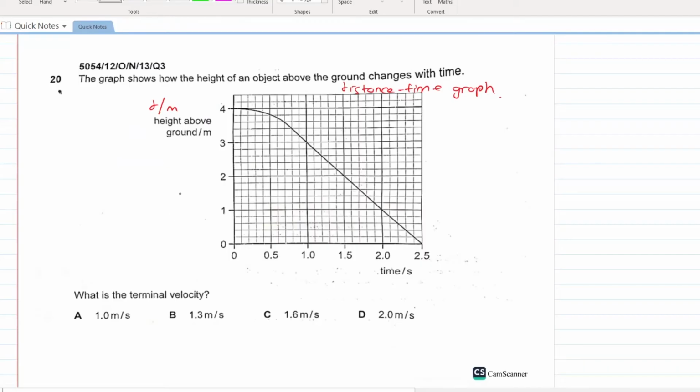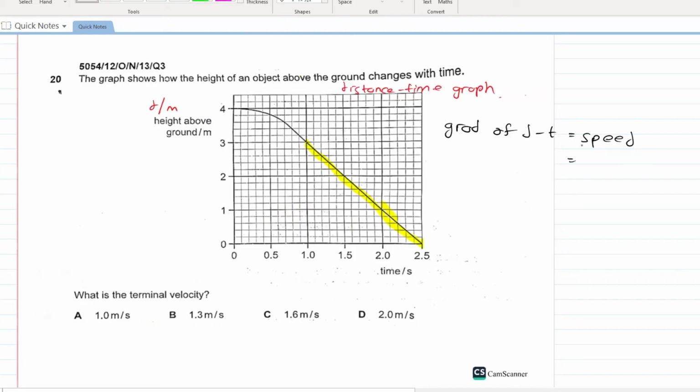How can you calculate the terminal velocity? First of all, look for a region where the distance-time graph is a straight line. Why do I say that? Because you must remember that the gradient of a distance-time graph is equal to speed.